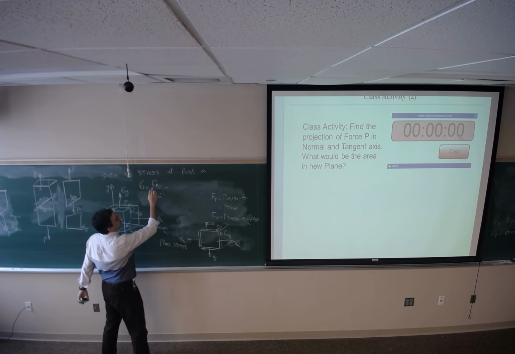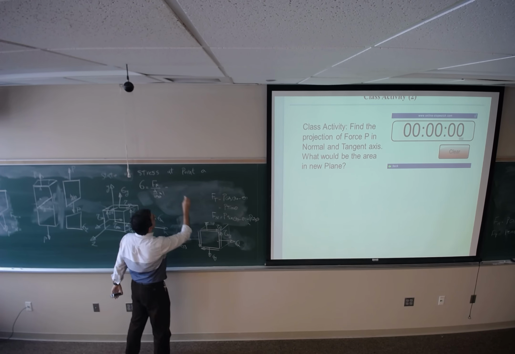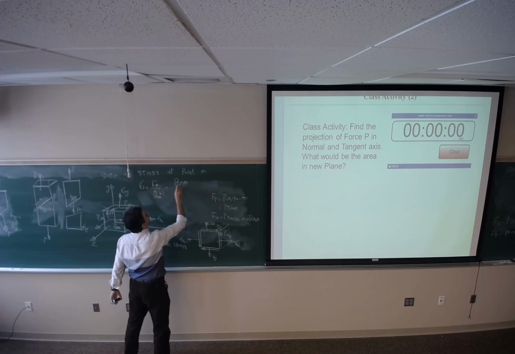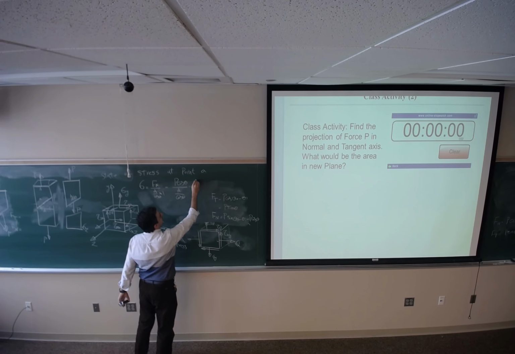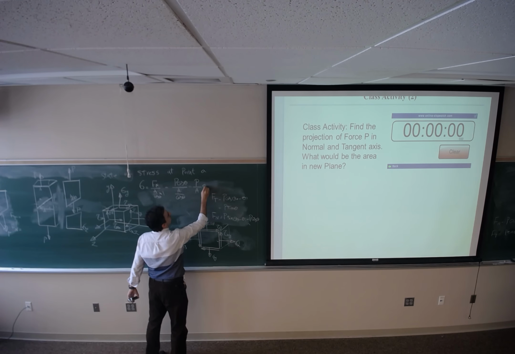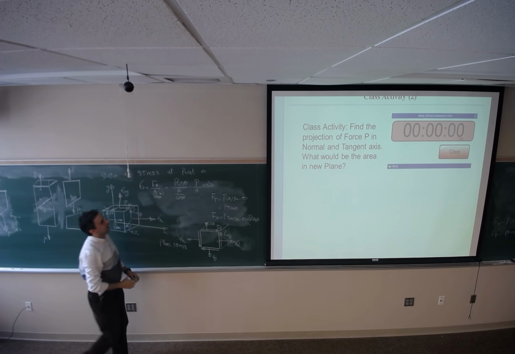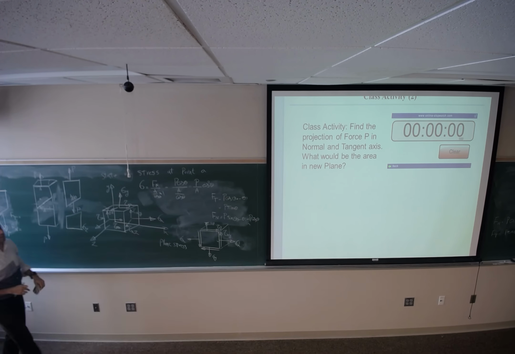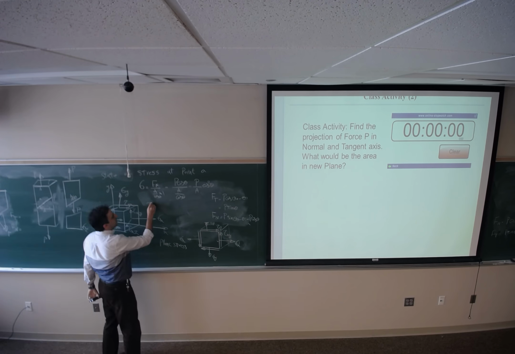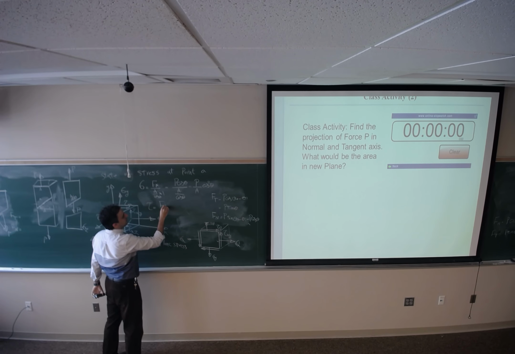And the normal force is P cosine of theta divided by A divided by cosine of theta. It's going to be P over A cosine square of theta. So the normal stress is going to be P over A cosine square of theta. And shear stress is going to be the tangential force divided by the same area.